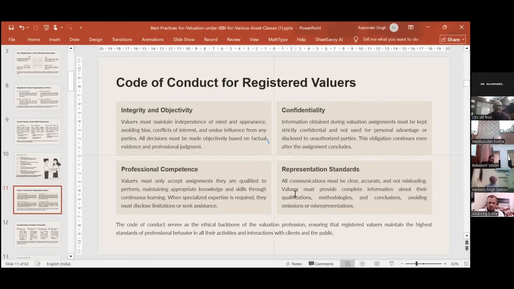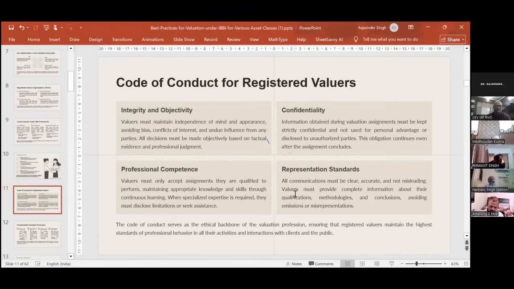So valuers must provide complete information about their qualifications, the methodologies they have used for that particular valuation, and the conclusion on the basis of the analysis of the documents and the data they have collected, and how they have reached that conclusion. So all these things should be mentioned in your valuation report, avoiding omissions and misrepresentations.